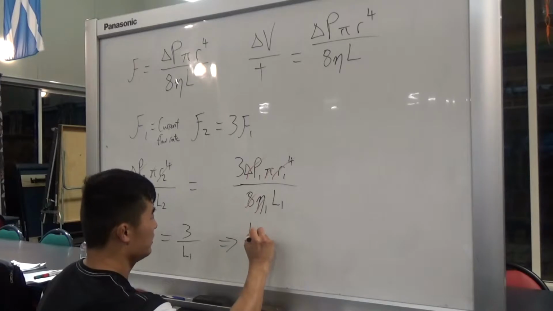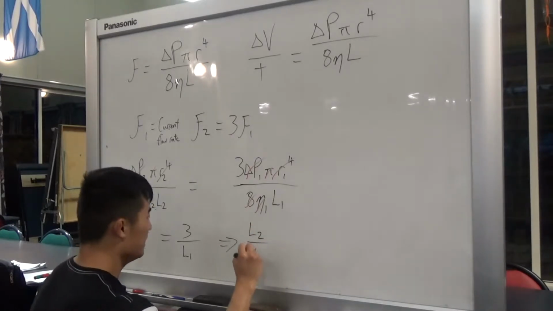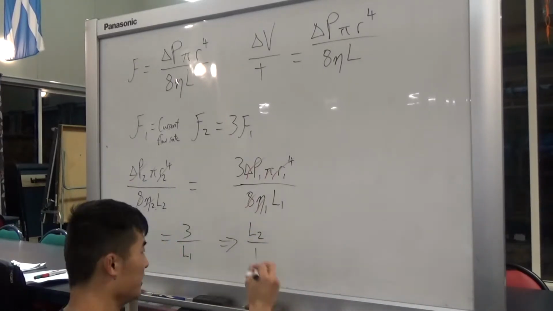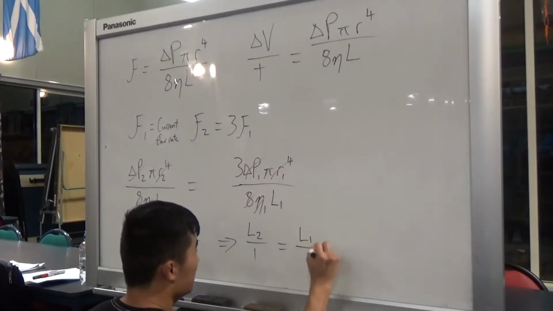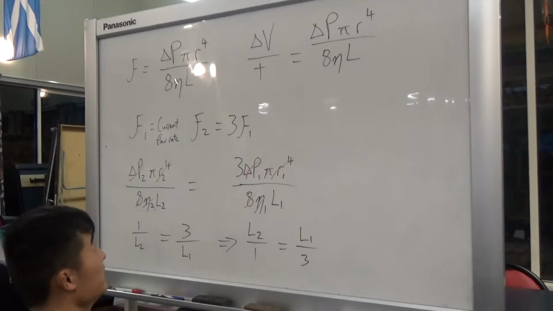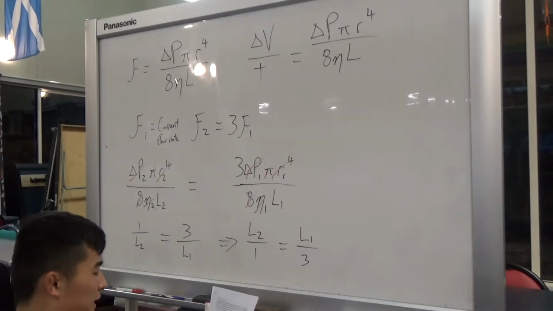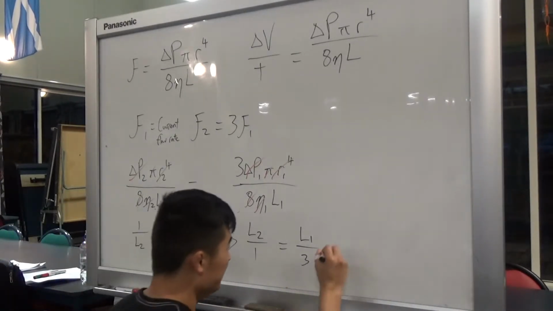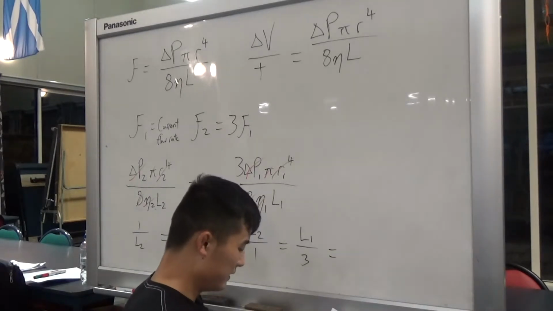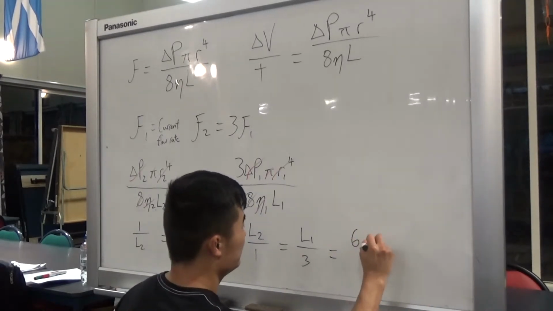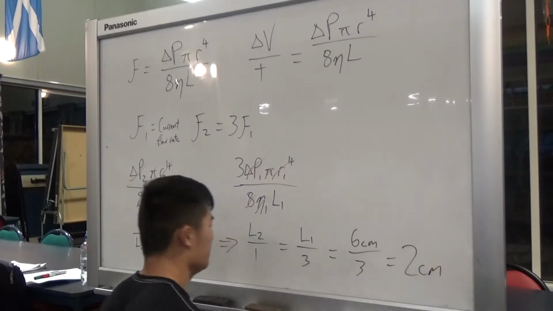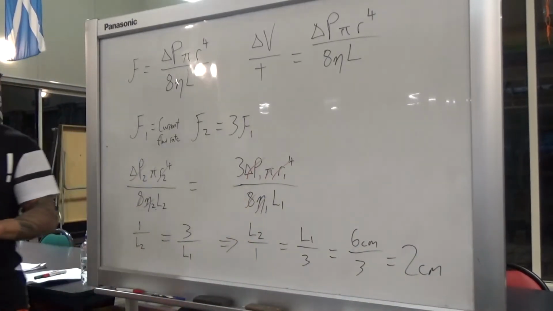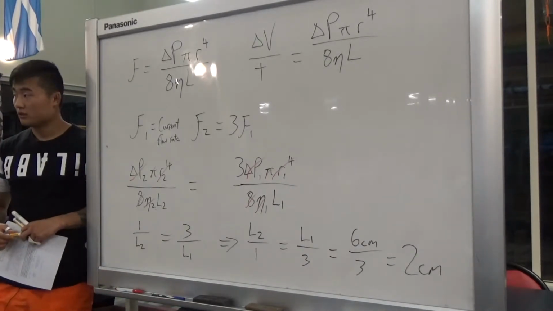So then L2 over 1, which is just L2, is equal to L1 divided by 3, and L1, the initial length, was 6 centimeters, right? So 6 centimeters divided by 3, so L2 is equal to 2 centimeters. Okay?